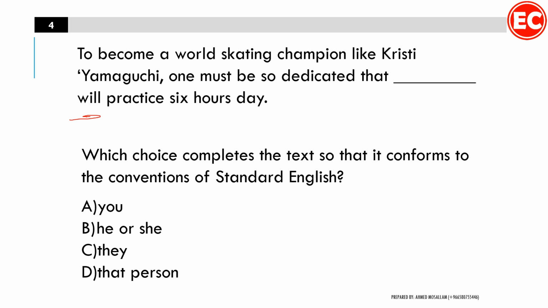Here it is talking about becoming a world skating champion like this person. One, can you see one here? He's not talking to you, so rule out you. And it's singular, so rule out they. Here we have he or she or that person. We need a pronoun here for sure, so he or she is going to be the correct answer.